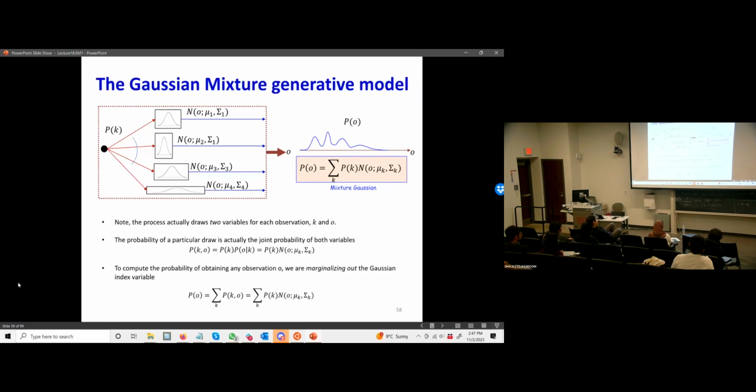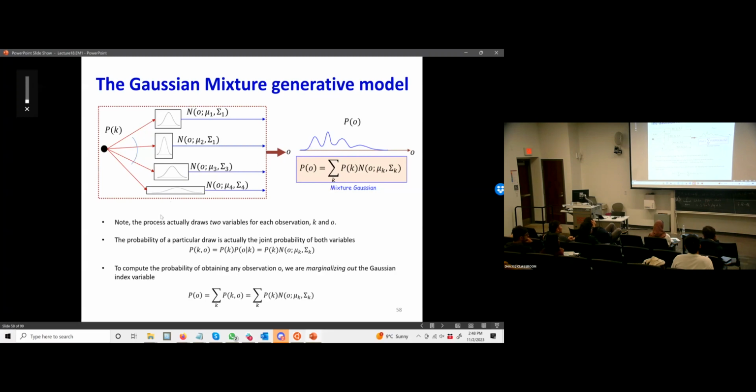Once again, observe that the process actually draws two variables in each draw. First, it chooses a Gaussian, then it draws an observation from the Gaussian, right? And so the probability of any particular draw must follow the entire process to the end, choosing the Gaussian and drawing the observation from the Gaussian. So for each outcome, if you had all the information about how the particular observation was generated, you would know which Gaussian was drawn and the observation.